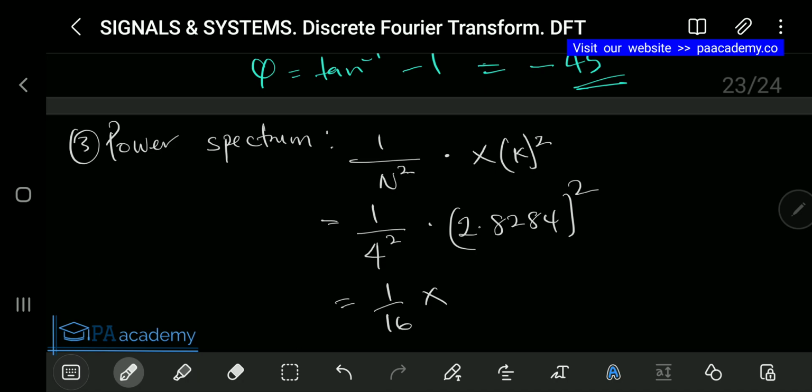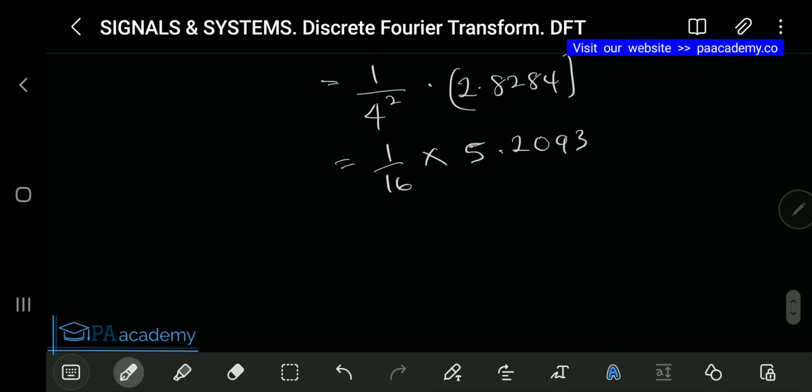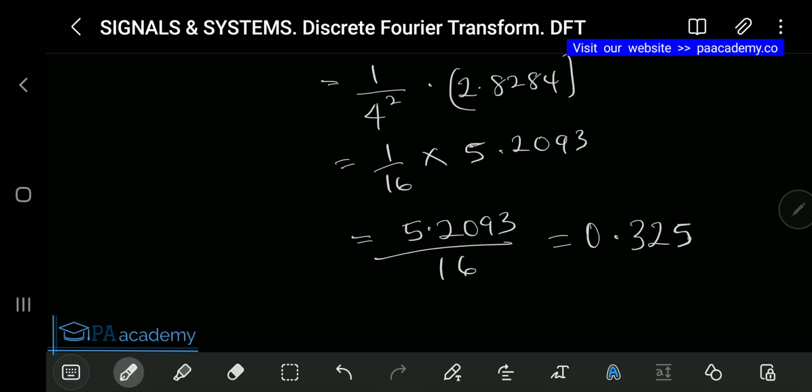That will give us 5.2093. Okay, so that will be 5.2093 divided by 16, and then let's see. So that will give us 0.3255.